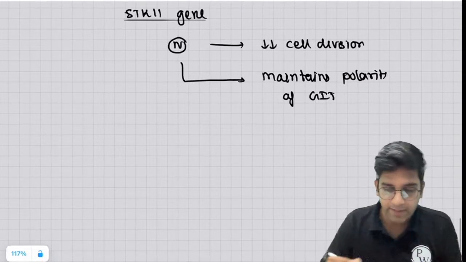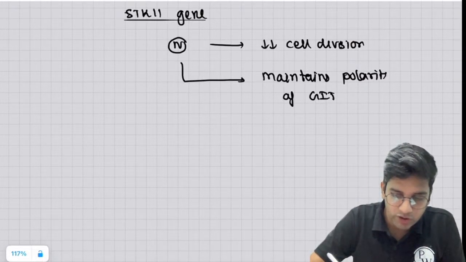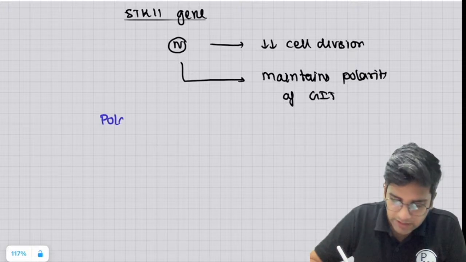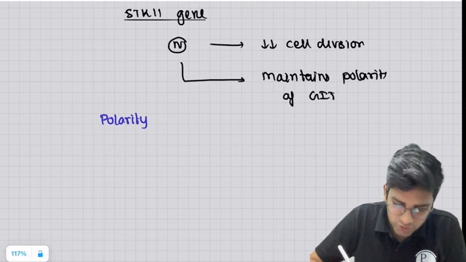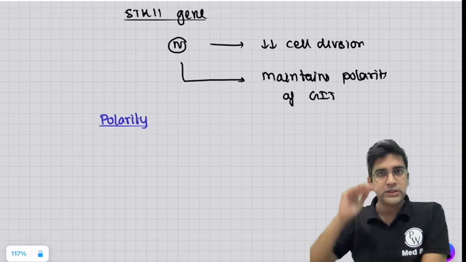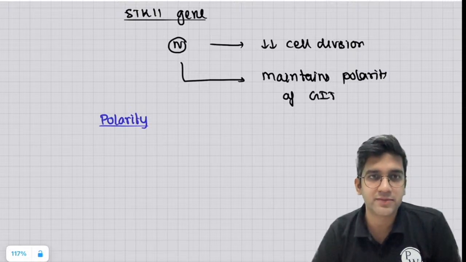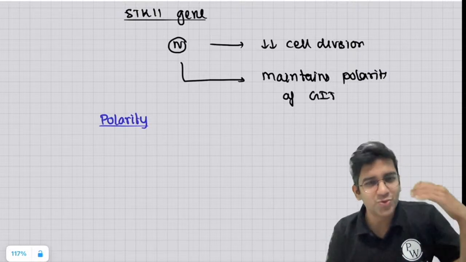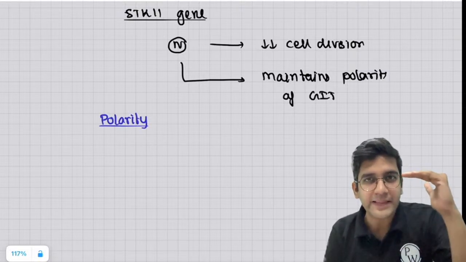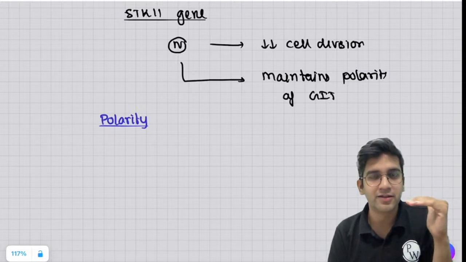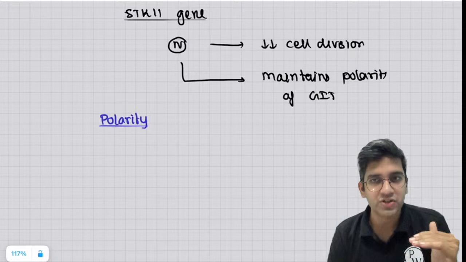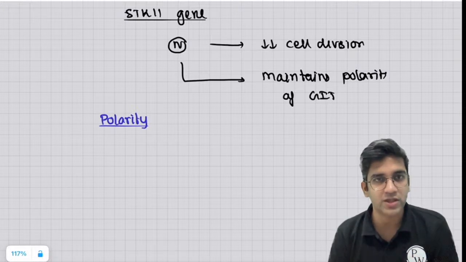To understand polarity, I want a little bit of help from you guys. Can anyone name the layers of the GIT? I'm 100% sure you know it. Epithelium, below that you have lamina propria, submucosa, muscularis propria, and serosa, right?